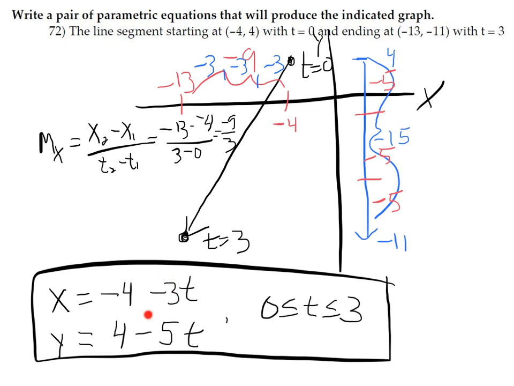So you can work these -3's and -5's out with the slope formula, but make sure it's x and t, and m sub y would be y2 minus y1 over t2 minus t1. The slope formula works fine, and I think the logical approach makes sense, especially because it worked out so nicely. If these hadn't been nice whole numbers, then I would definitely go to the slope notation. Okay, mx plus b, line segments, and make sure to give your domain for x.